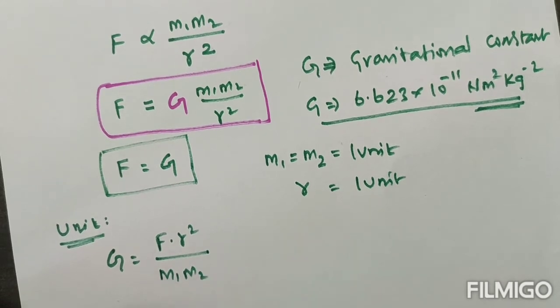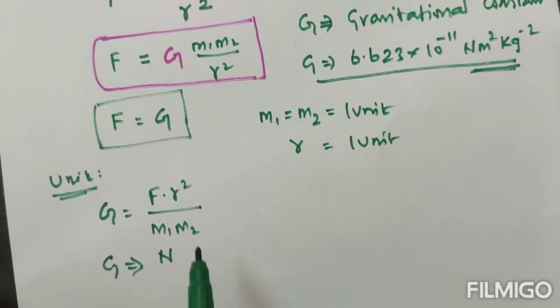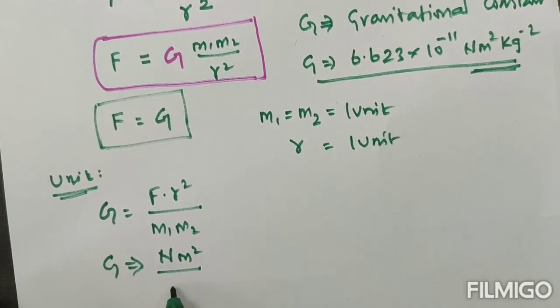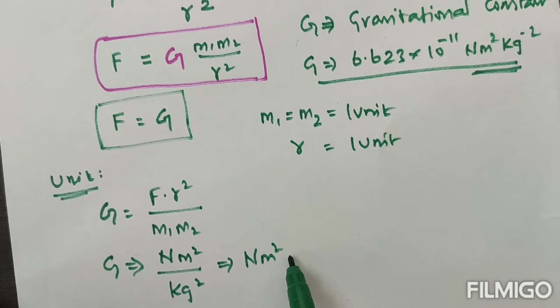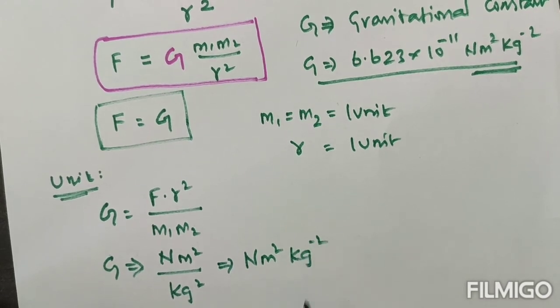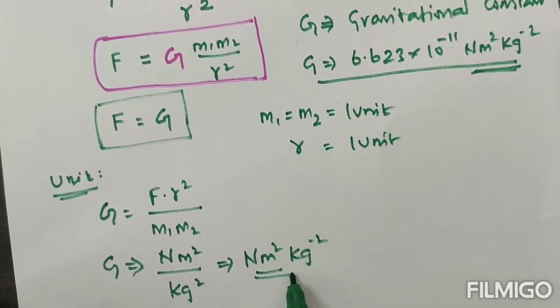So the G unit is: force unit is Newton, distance squared unit is meter squared, divided by mass into mass, that is kilogram squared. So we can write Newton meter squared per kilogram squared. This is the unit for the gravitational constant.